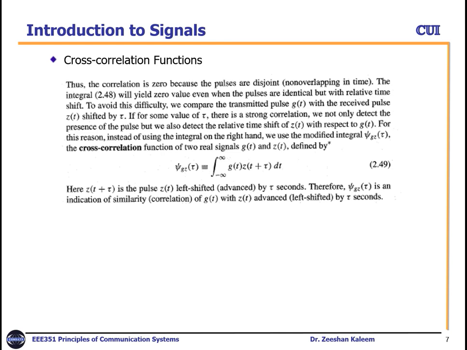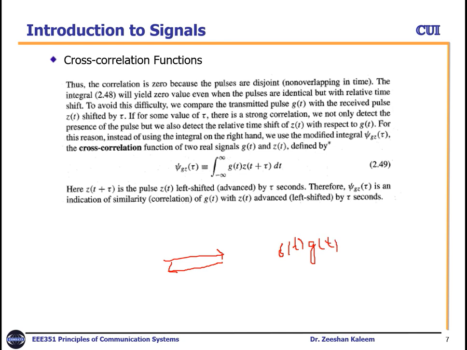We have a cross correlation function. What happens here in the cross correlation? Correlation is 0, because when we transmit the pulse and it comes back again, it will take time. So if we compare at the same time, for example at time t, we did the comparison g(t) z(t), at the same time we don't have a pulse.